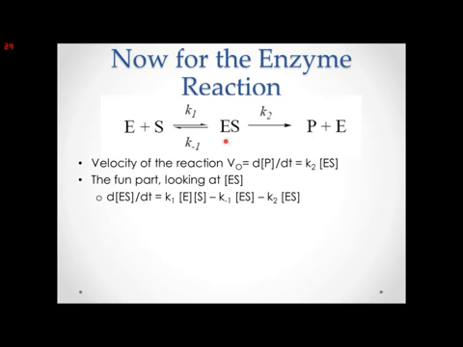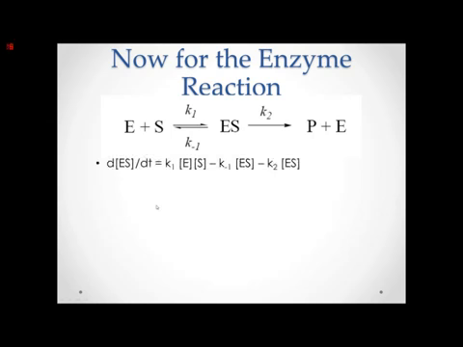And then going in this direction, we have this rate constant times the concentration of ES, because it's a precursor, minus K2 times ES. That should give us the change in ES concentration over the change in time. Alright, so we are going to assume that K minus 1 is much, much greater than K2 for this equation. And this works in a lot of different enzyme reactions.